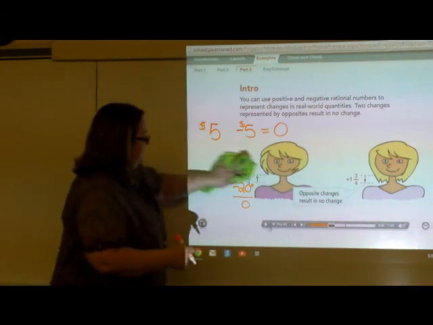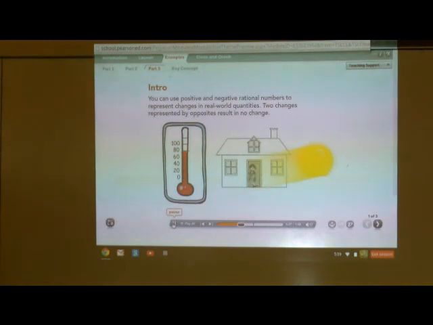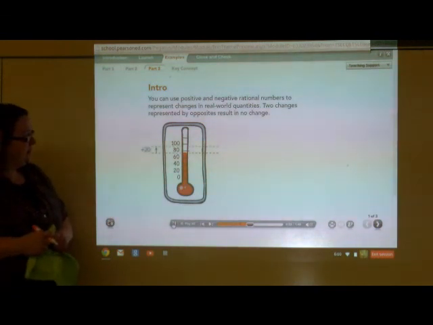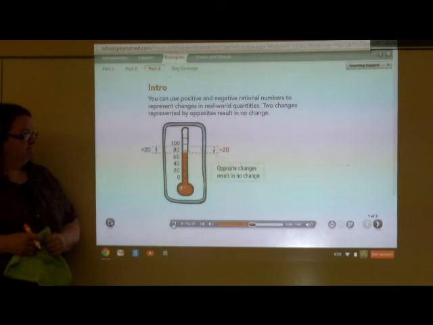Go ahead and play. I'll erase this real quick. So we saw as it was heating up, opposite changes result in no change.